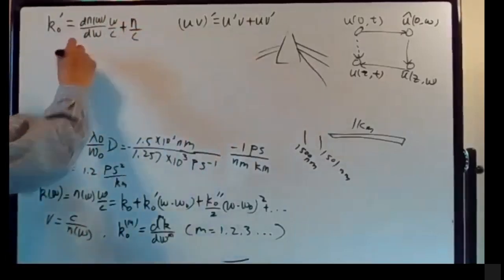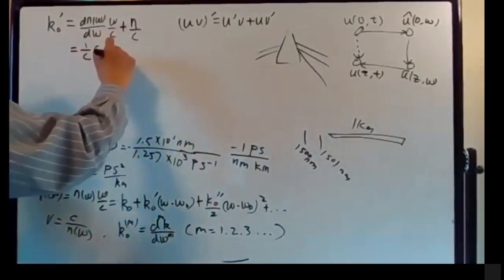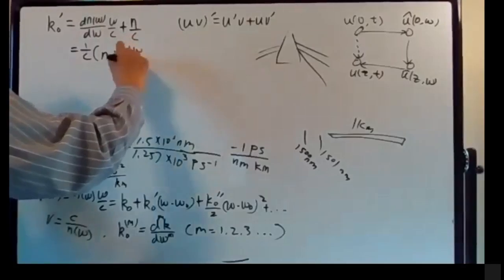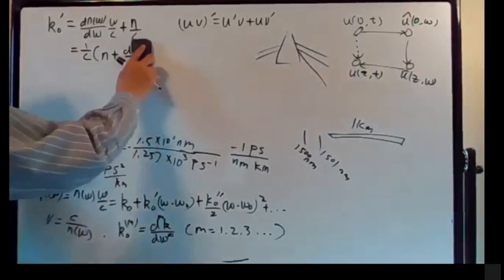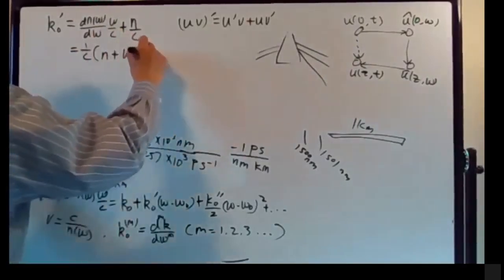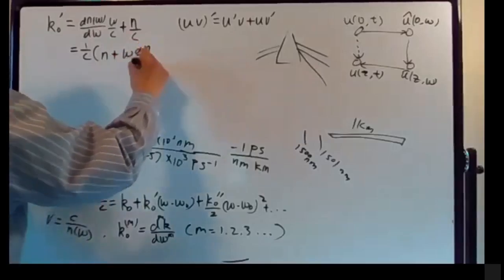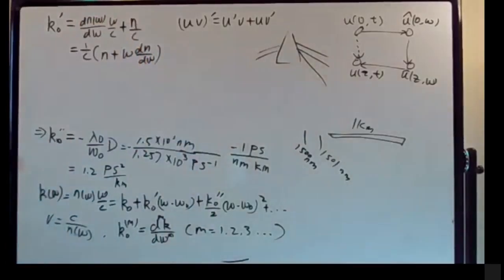So this is simply 1 over c, n plus omega dn d omega. So that is the first derivative.